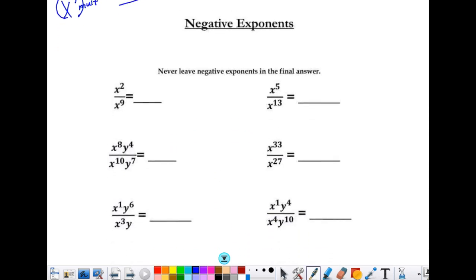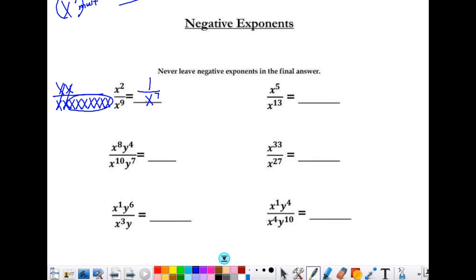Now let's look quickly at some negative exponents. Again, if you have x squared, 4, 5, 6, 7, 8, 9, and you cancel out, you're going to have x to the 7th on the bottom in the denominator because 9 is bigger than 2. And so your answer, your leftovers after you cancel out, are going to appear on the bottom.